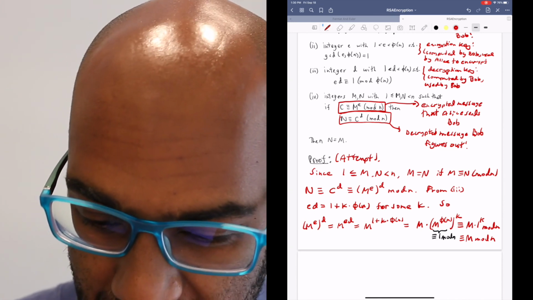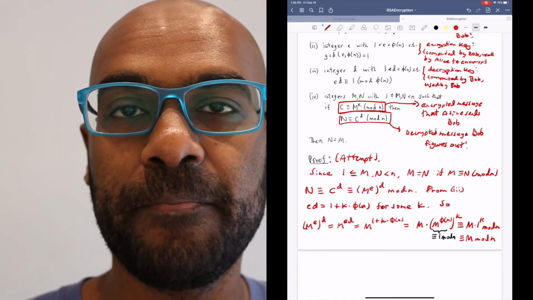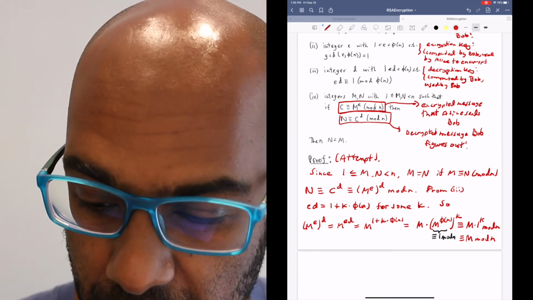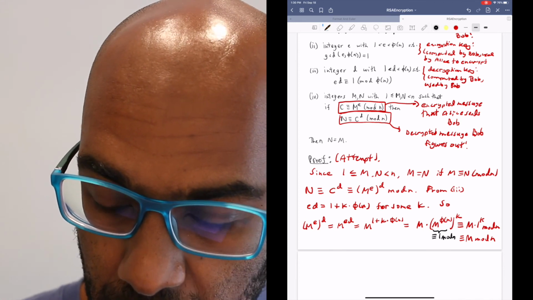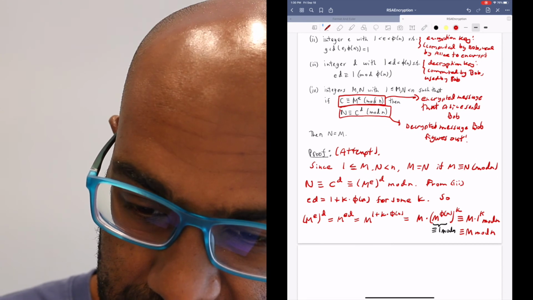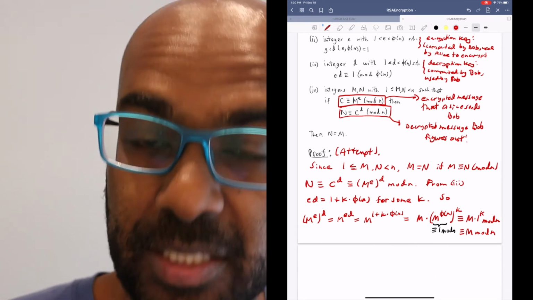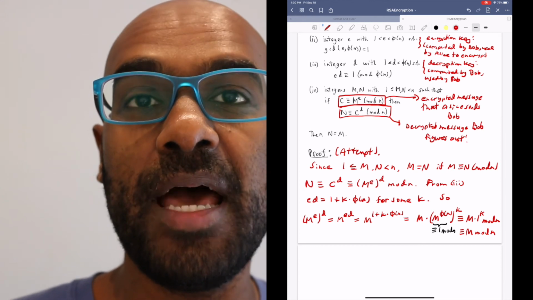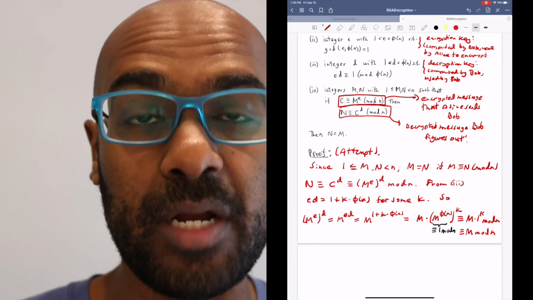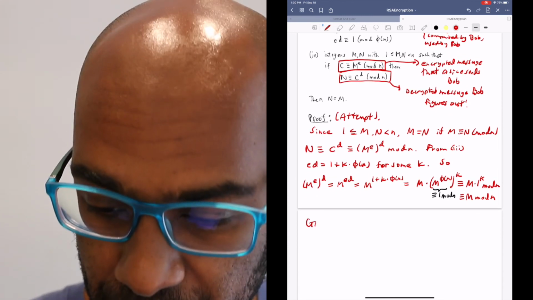So notice this is combining a whole bunch of different things from the number theory section of this course. The one tricky part about this, though, is there's something wrong with it, which is that we can't necessarily use Euler's theorem. Euler's theorem requires that the GCD of capital M and capital N is 1, and we don't actually know that's the case.